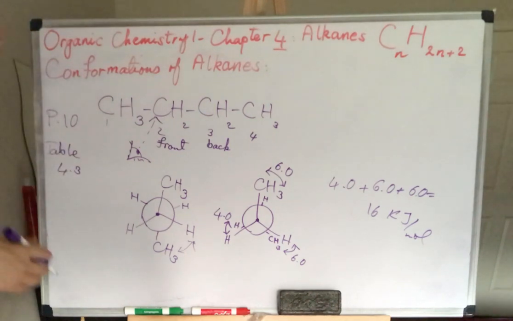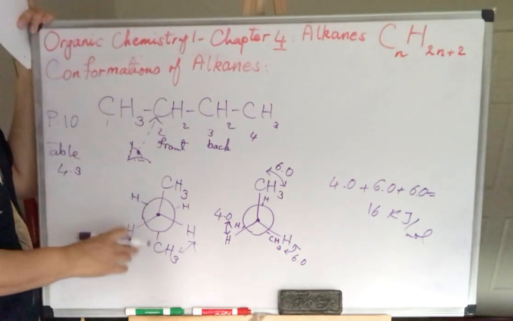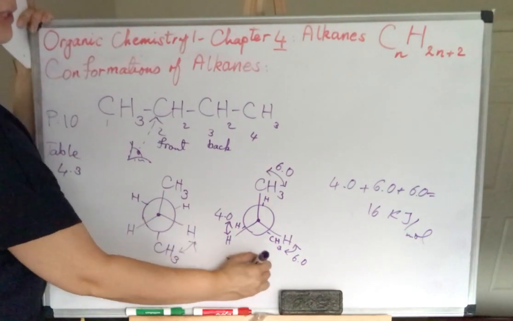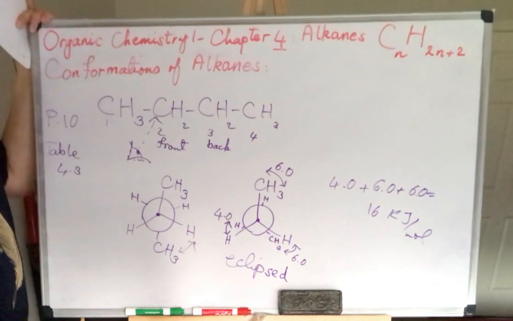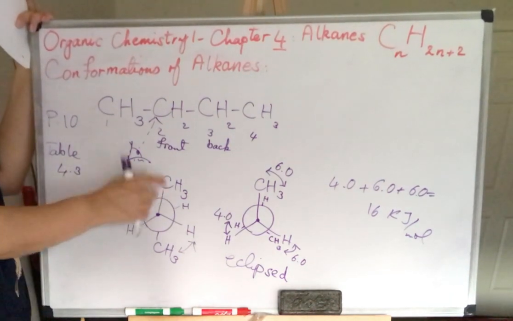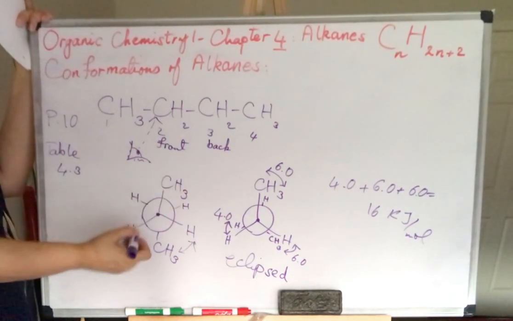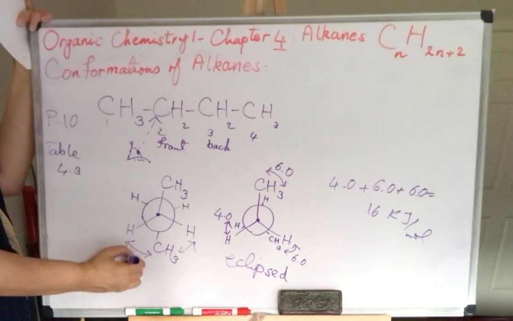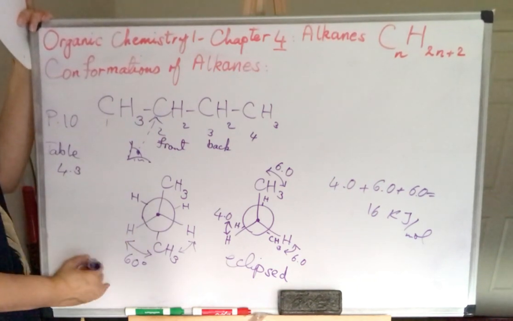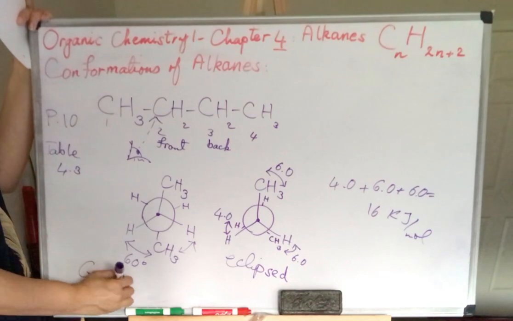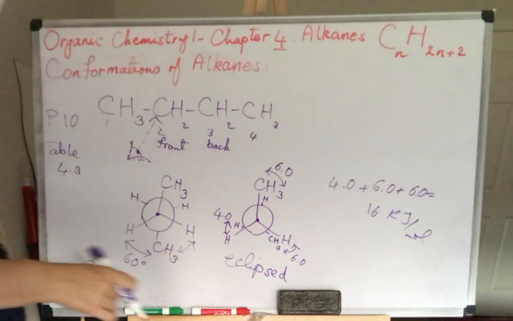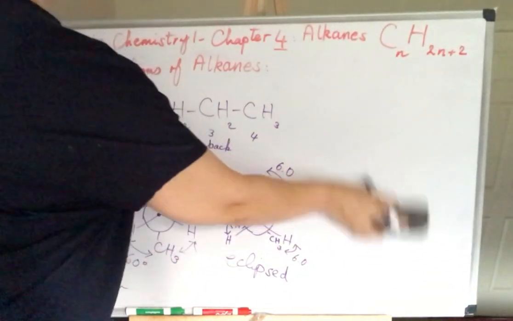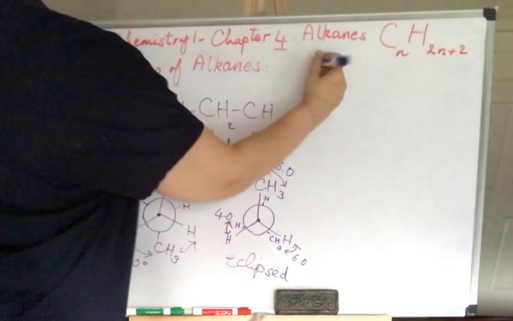One more thing. I didn't name this compound. I named this eclipsed. I named this staggered for hydrogens. But what if you have CH3 and hydrogen 60 degrees away from each other? You call it gauche. So now you would say, come on, so many names, we are confused.